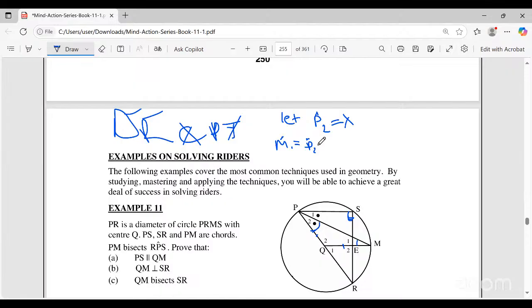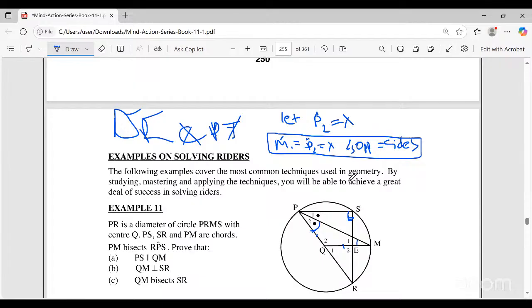Now, they are both equal to X, reason being angles opposite equal sides. Do you guys agree to this statement and that reasoning? Yes, sir. Okay, thank you.